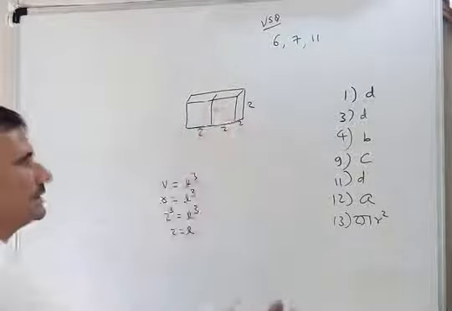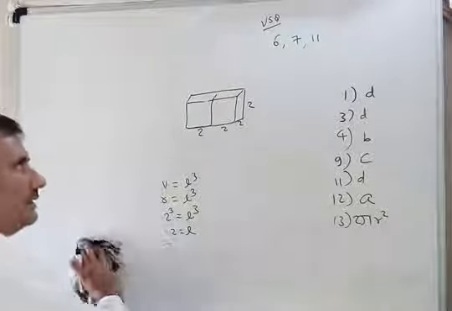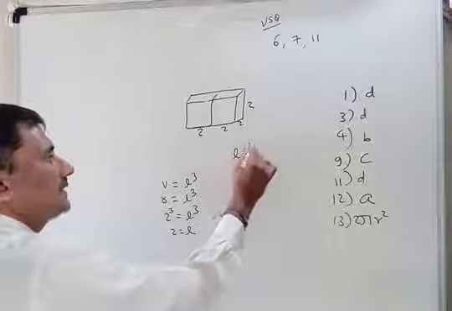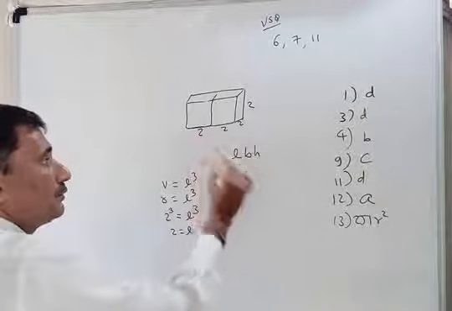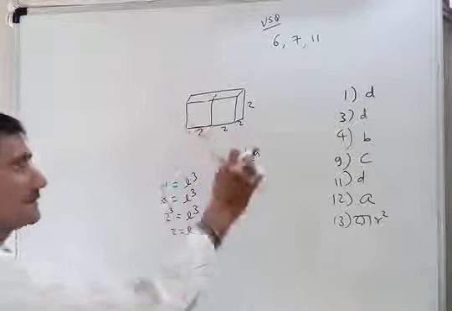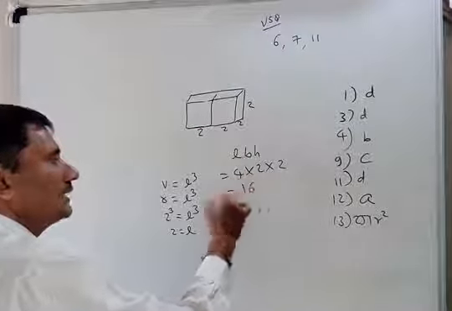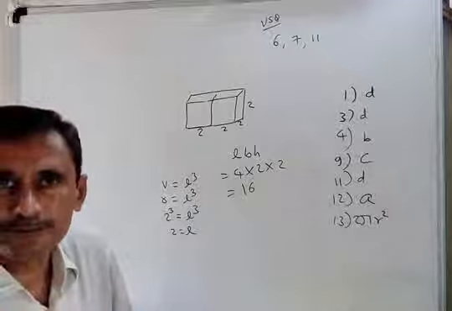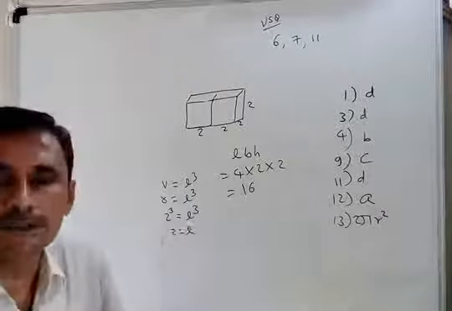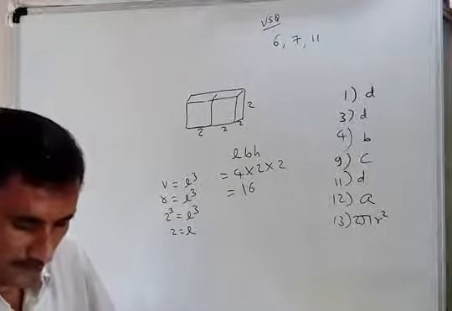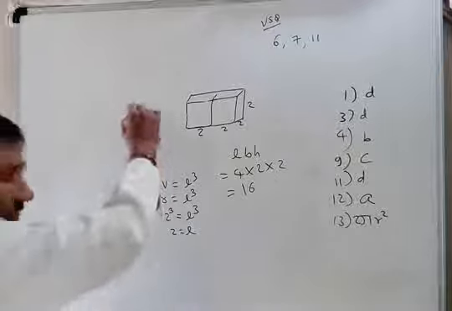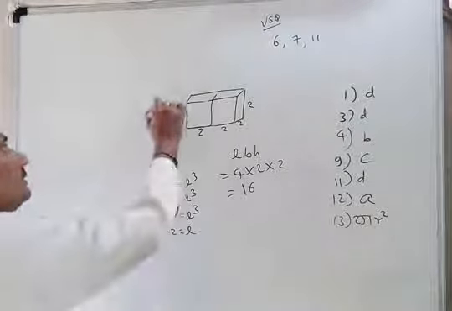So now resulting shape is cuboid. So cuboid's formula is 2(lb+bh+hl). So L becomes 4 here. Look there. Length increased. Breadth 2 and height 2. So 4 2s are 8, 2 8s are 16. So 16 is our answer. Okay. So this was question number 12.